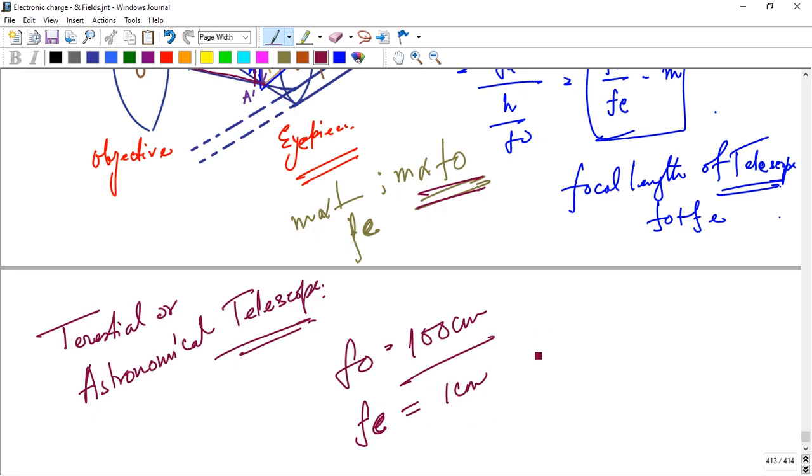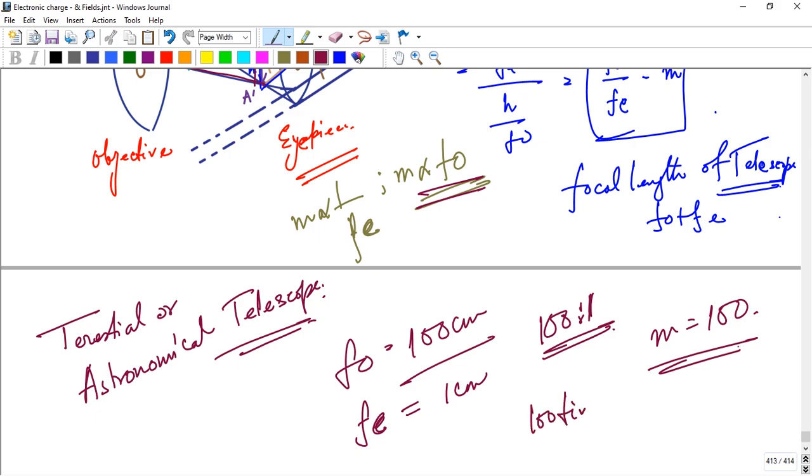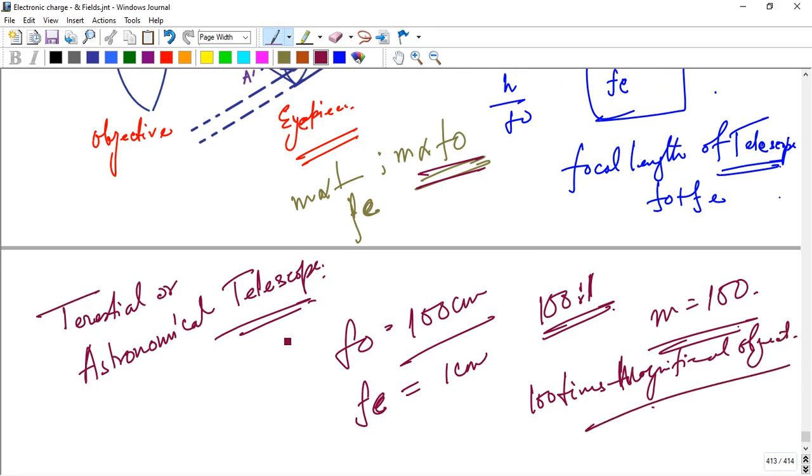That is a ratio of 100 to 1, so the magnification is 100. So it magnifies the object 100 times. That's an astronomical or terrestrial telescope.